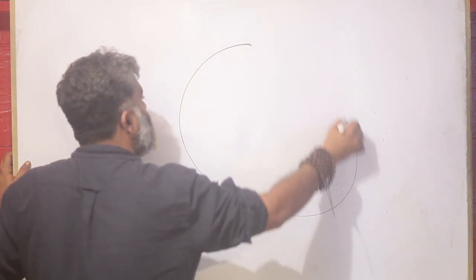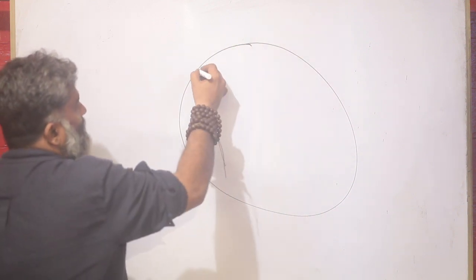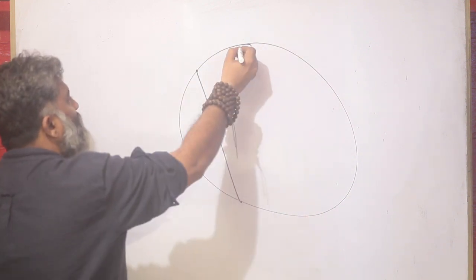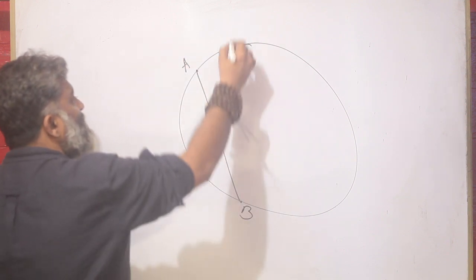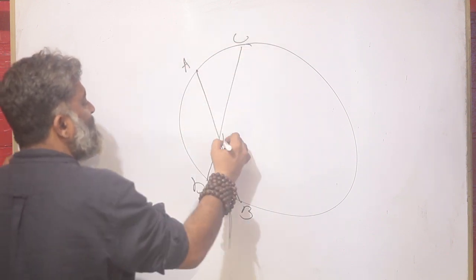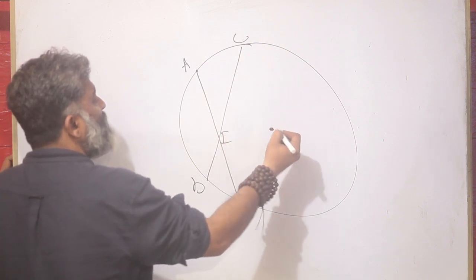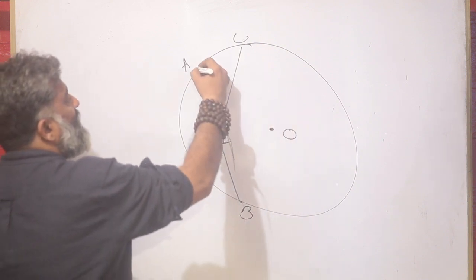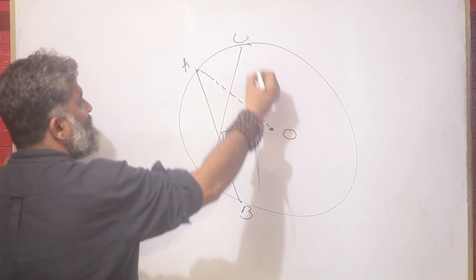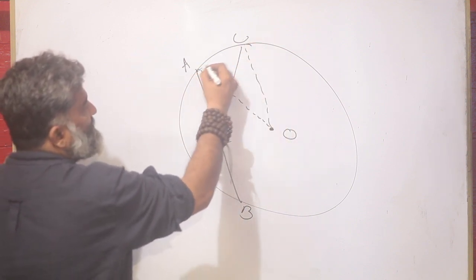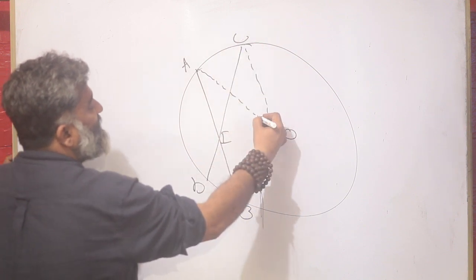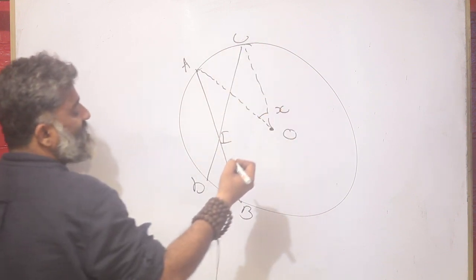So let me make a bigger diagram and let me draw the chords, name them also A, B, C, D, let's say I, and the center point is O. And now I create the angles, right? The segment AC, or this particular chord AC, creating, let's say, call this angle X for a second.